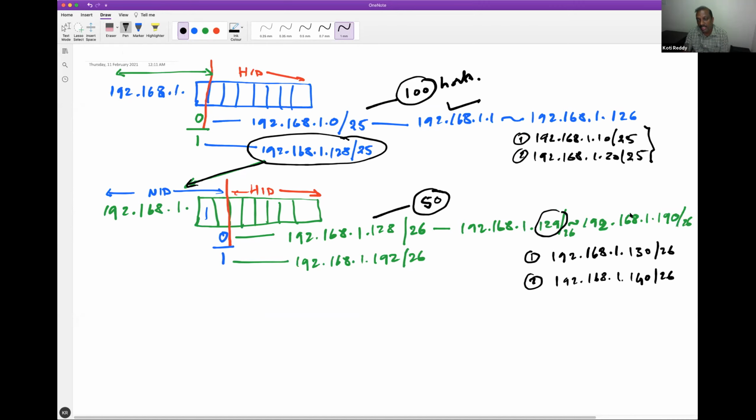Within the range 129 to 190, 130 and 140 definitely fall in this range, so no issues.